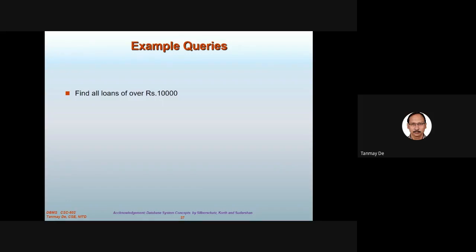That is the loan relation. The loan relation consists of loan number, branch name, and amount, because we find all the loans over 10,000 rupees.